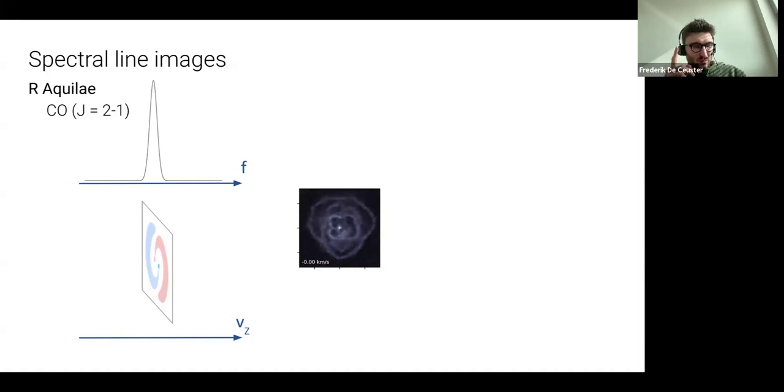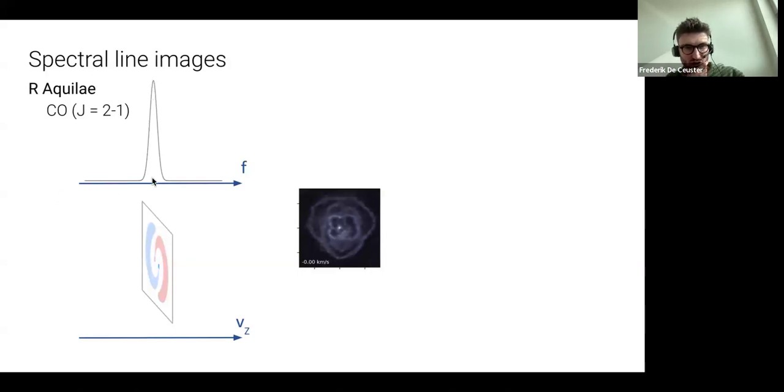Another important concept is the Doppler shift. Doppler shifts allow us to relate a frequency to a velocity. If the material is moving along the line of sight, the observed radiation will be shifted to different frequencies depending on the velocity of the medium along the line of sight.